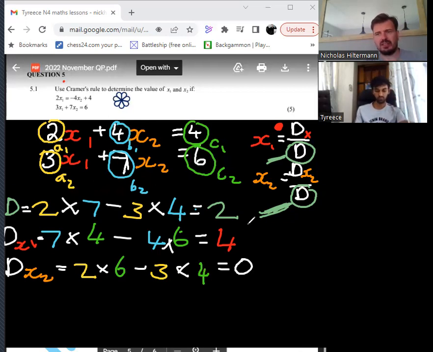And now that we have that, then it's easy, right? I just get my x1 using these things. So x1 equals dx, which is 4, over d, which is 2. So I'm basically repeating myself, but I'm just not showing the matrices that I drew.